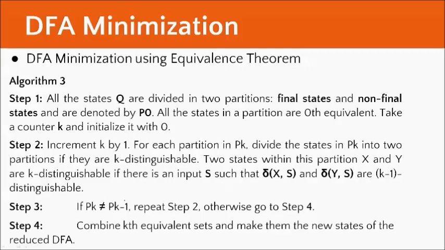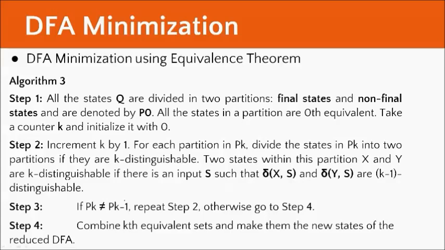So this is the algorithm for minimization. Step 1, all the states Q are divided into two partitions: the final states and the non-final states, with the non-final states denoted by P sub 0. Step 2, increment K by 1 for each partition. You can use the variable PK for the partitioning.